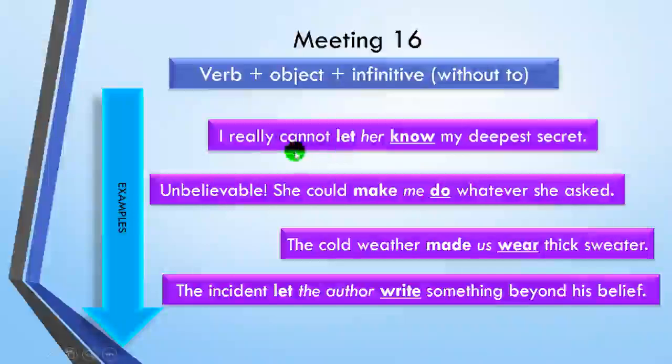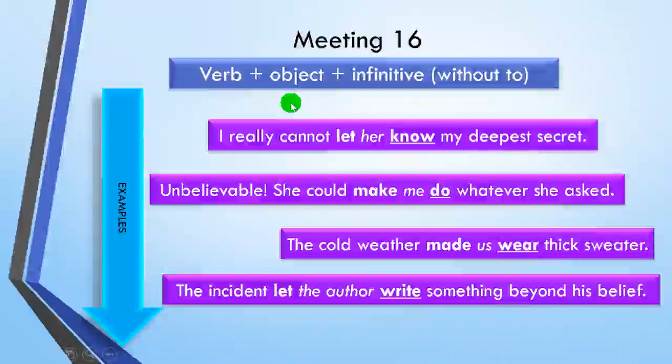It is not, I really cannot let her to know my deepest secret. So there is no use of to. As well as the second sentence, you can see that there is no use of to, and then the third and the fourth sentence. So all of these are made only for the verbs make and let, which can only use this pattern.